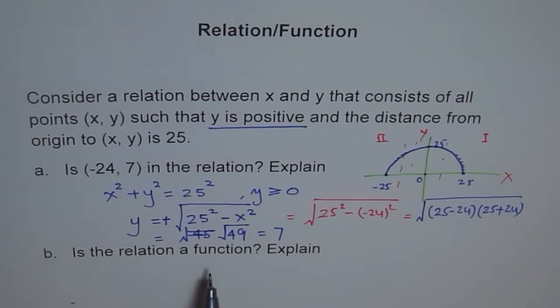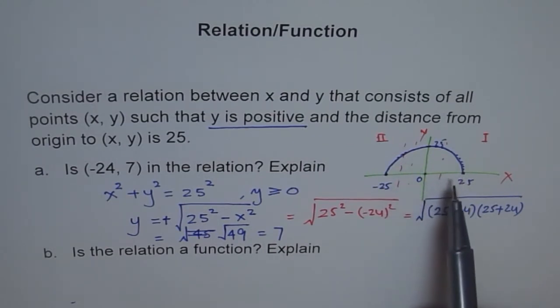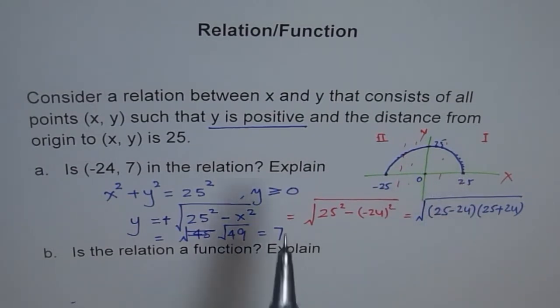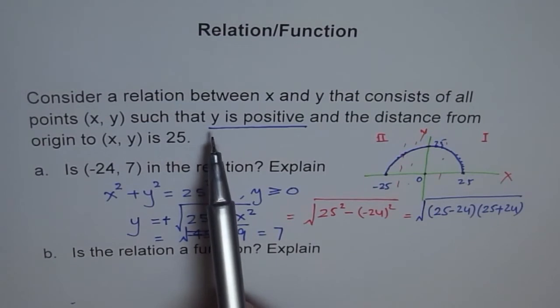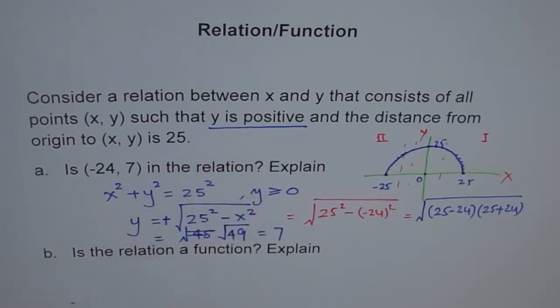Is the relation a function? Explain. This I explained earlier. Since we have this semicircle here, it passes the vertical line test. And the real thing which makes it a function is this restriction: y is positive. That's an important restriction, and you should know that if you are given a circle and the question is how you can restrict domain or range to make it a function, that's the kind of restriction we are looking for.